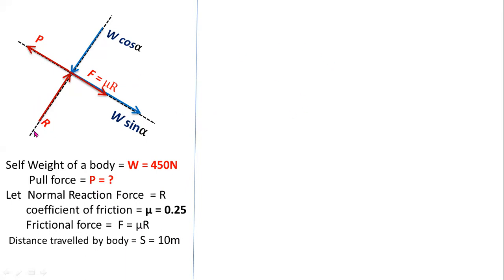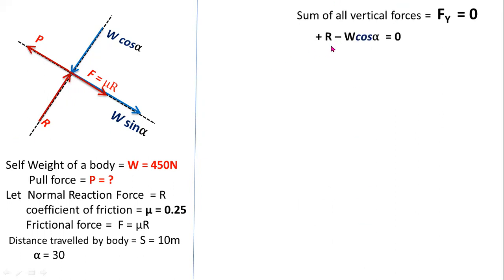For determining the normal reaction, you have to resolve all the forces along the normal to the plane. These two forces are the normal forces. So in the first step, resolve all the forces normal to the plane: plus R minus W cos alpha equal to 0.